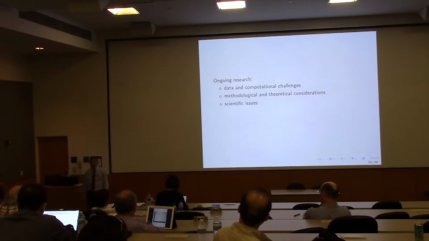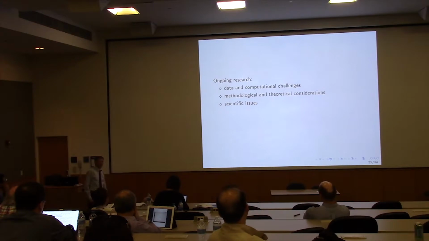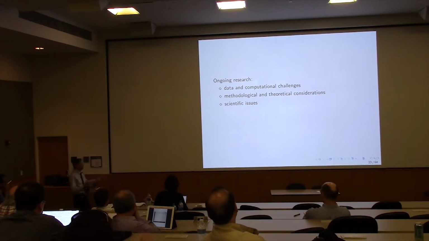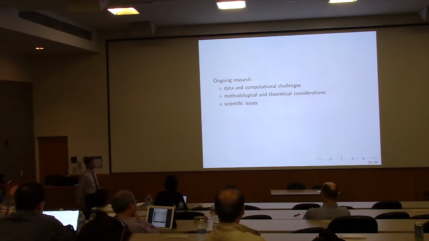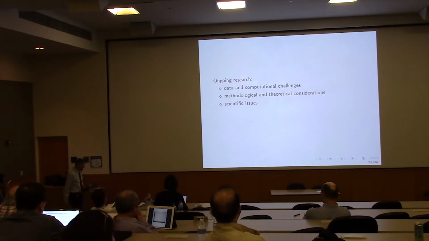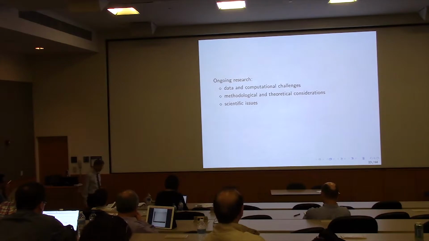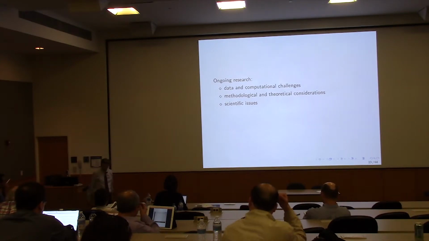The smoothing parameter selection is the biggest challenge we're facing right now. The solution of the approach I showed you earlier is a natural spline, and there is a way to compute that, but still the computations are very challenging.